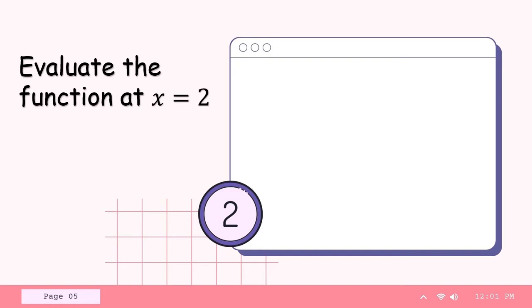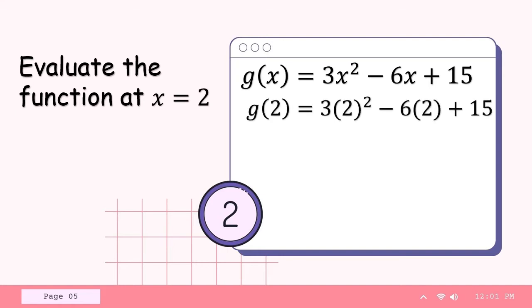Evaluate the function at x is equal to 2. g of x is equal to 3x squared minus 6x plus 15. That will become g of 2 is equal to 3 times 2 squared minus 6 times 2 plus 15. 2 squared is equal to 4.